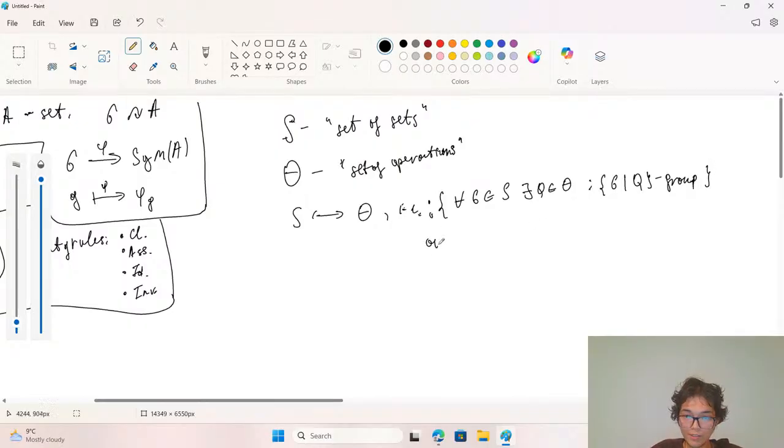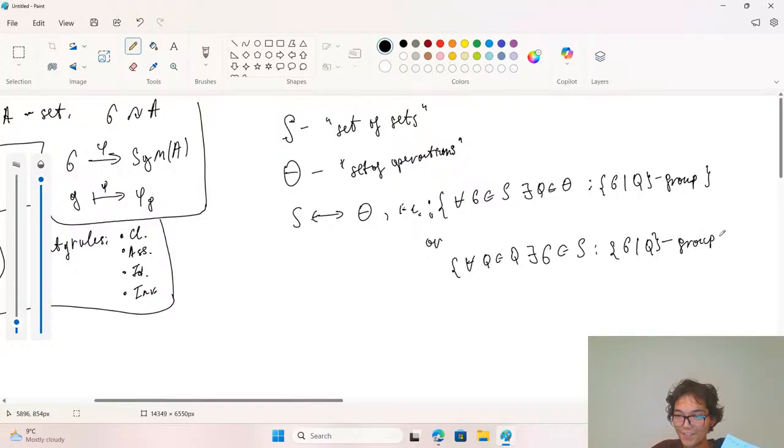Or vice versa, because it must be a one-to-one correspondence: for any operation Q in theta, there exists a set G in S such that this G and Q again form a group. That is my question.